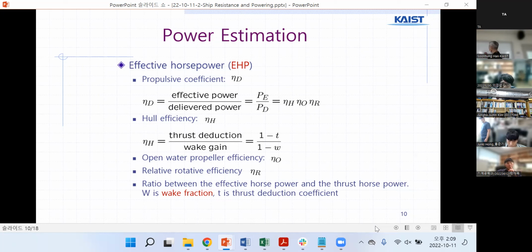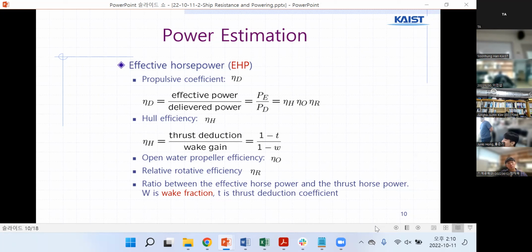The speed of this area is slow, and this area is high, right? Because of the hull effect, the speed of the water near the upper part of the propeller is low. We call this the wake zone or wake fraction.